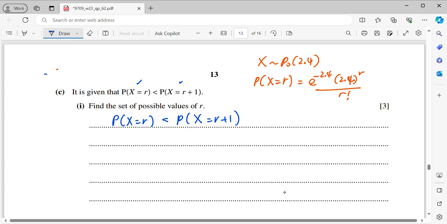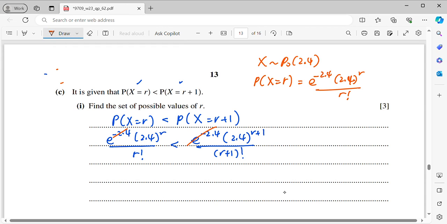P(X equals r) less than P(X equals r plus 1). That means I'm getting e negative 2.4, then 2.4 to the power of r over r factorial, is less than e negative 2.4, then 2.4 to the power of r plus 1 over r plus 1 factorial. Okay, and now we need to get the r, therefore the e will be cancelled off from both sides.